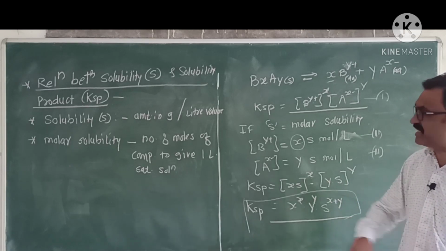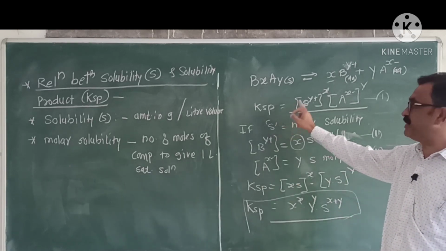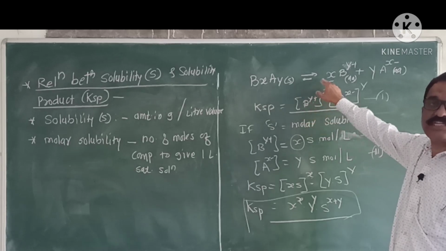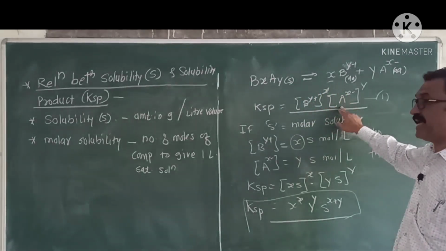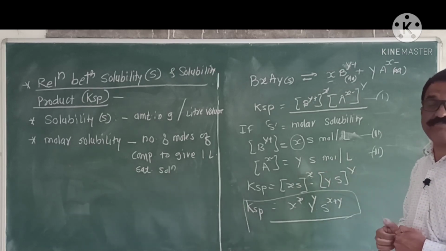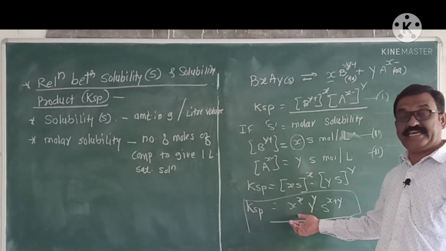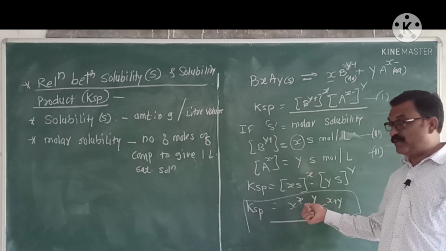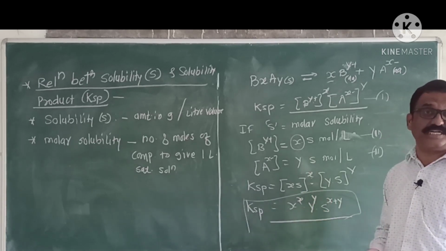Earlier, Ksp was given as the concentration of B^(Y+) raised to X into the concentration of A^(X-) raised to Y. But if the solubility term is introduced, we get X^X, Y^Y, where X and Y are the coefficients.